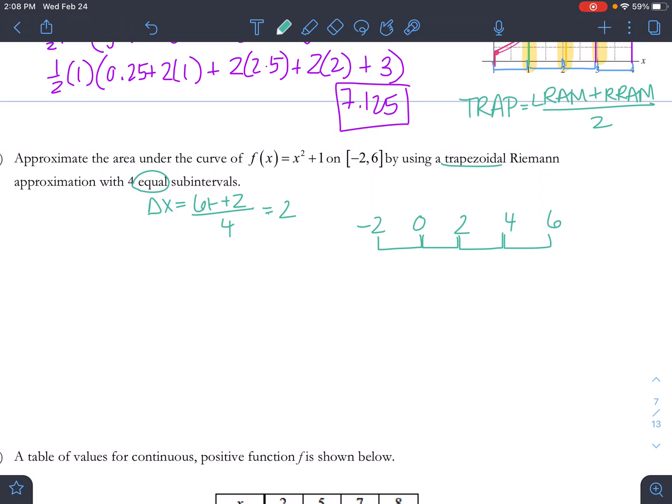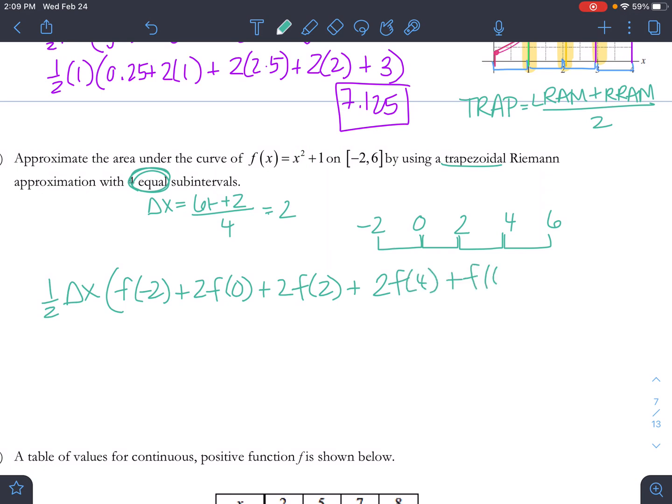All right, so again, first option, you could do 4 trapezoids separately. Next option, you could use this shortcut because we have equal subintervals. So that equation would be 1/2 delta x. We've got, let's see, f of -2 used once, 2 f of 0s, 2 f of 2s, 2 f of 4s, 1 f of 6 because it's only used in one trapezoid. Okay, and then we would just plug those values in for x squared plus 1. So this would be 1/2, delta x was 2.